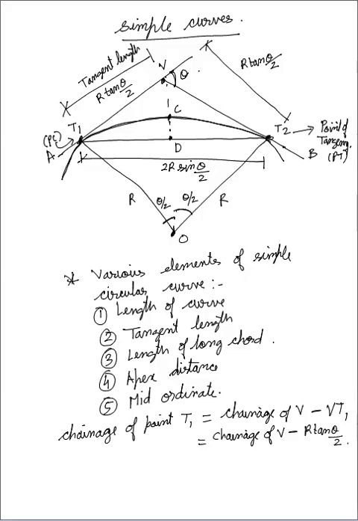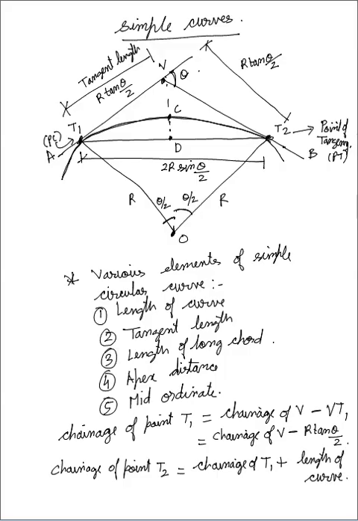Same way, chainage of point T2 is equal to chainage of point T1 plus, what we will add? We will add length of curve. Why?